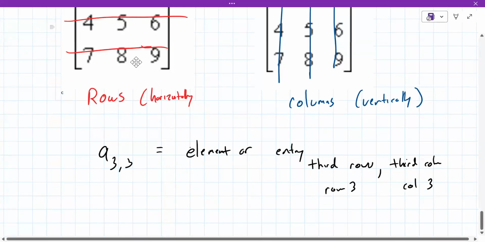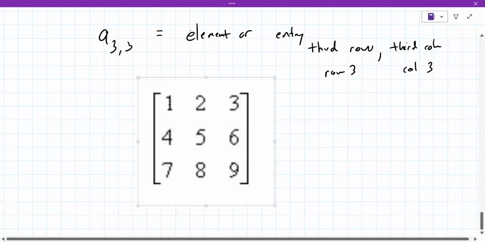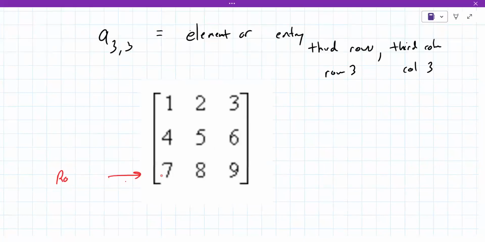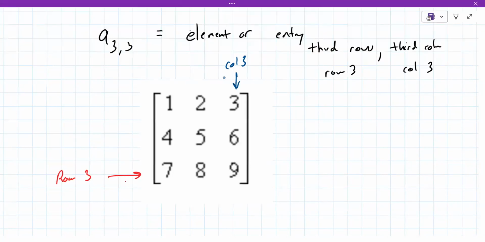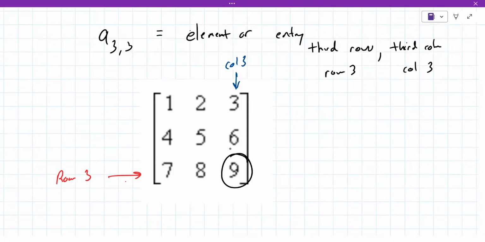To actually find it, let's go back and grab the matrix again. Here is the third row, row 3. Here is the column 3. That is the answer. A3 comma 3 equals 9.